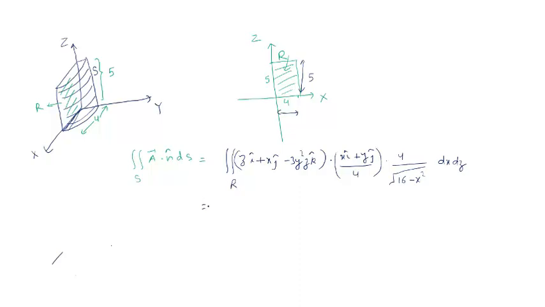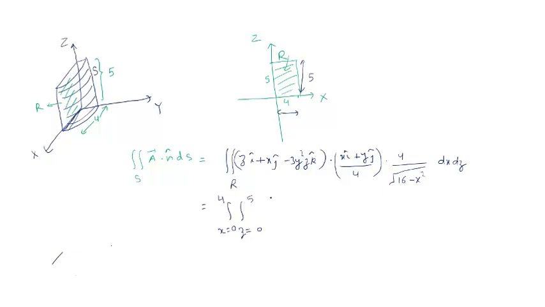Since R is a rectangle, it is very easy to see that the limits of z will be from 0 to 5, and the limits of x will be from 0 to 4.